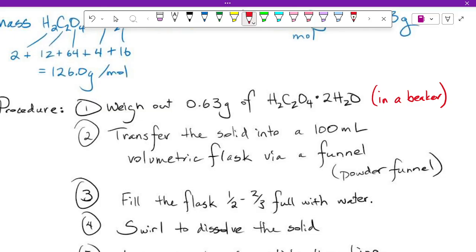How would we get the solid in there? What might we use? A funnel. We have two choices of funnel. Which choice would be better for delivering a solid?